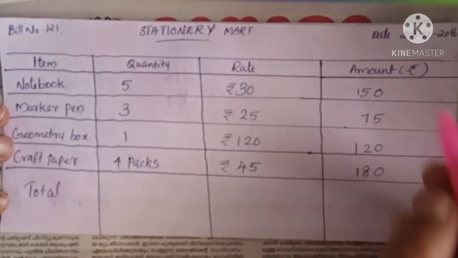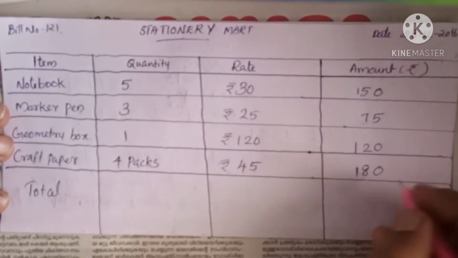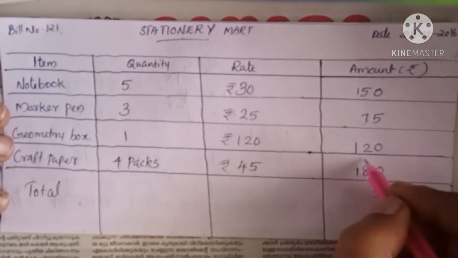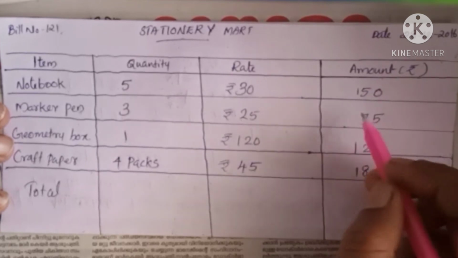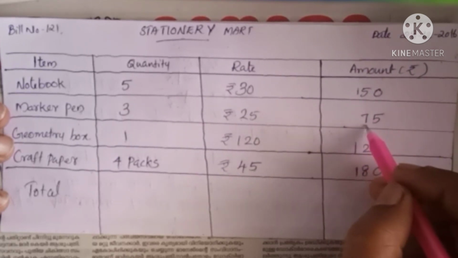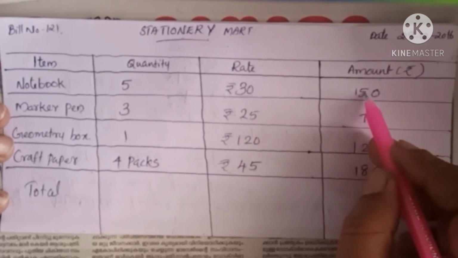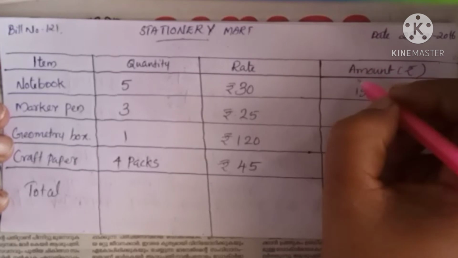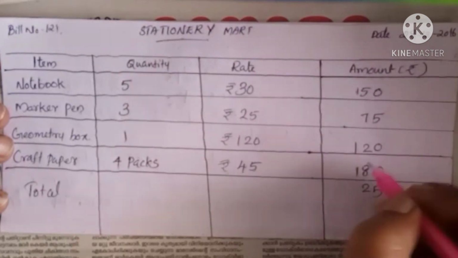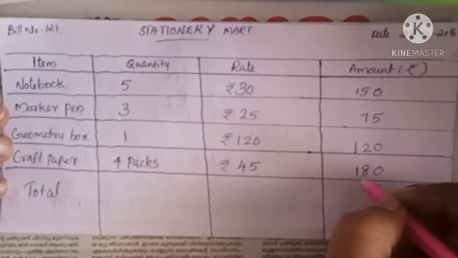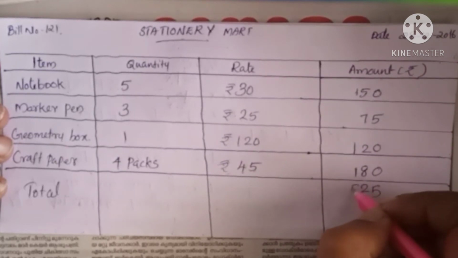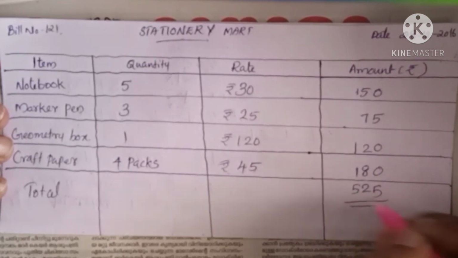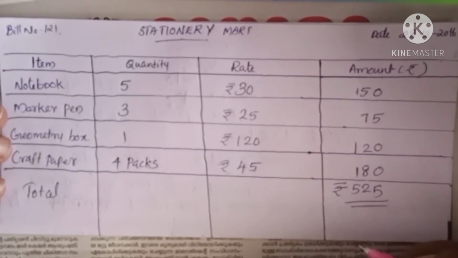Then what is the total? 5, 8 plus 2 is 10, 10 plus 7 is 17, 17 plus 5 is 22, 2 right here, 2 carry over, 2 plus 1 is 3, 3 plus 1 is 4, 4 plus 1 is 5. So total cost is rupees 525. Clear?